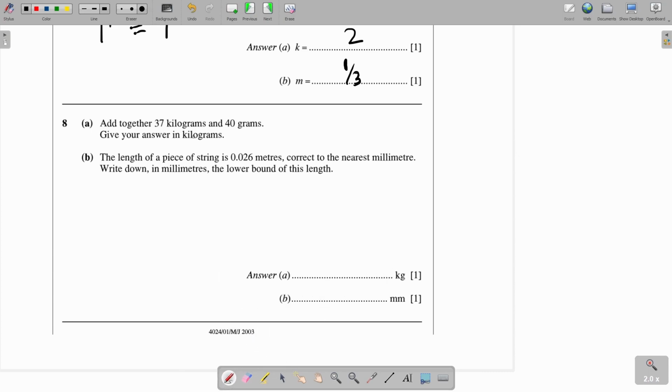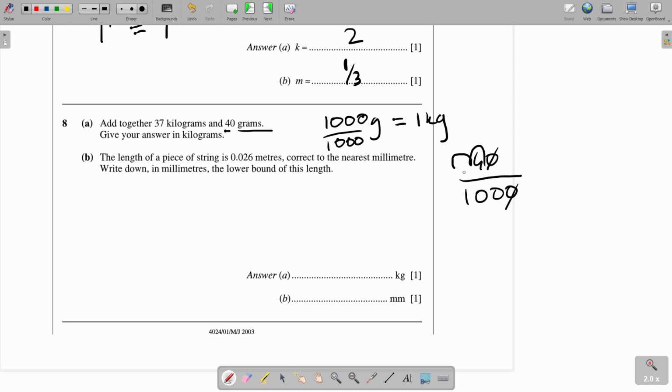So add 37 kilograms and 40 grams. Give your answer in kilograms. So 1,000 grams is equal to 1 kilogram, right? So if we need to convert any amount of grams into kilograms, all we need to do is divide that value by 1,000. So if we divide 1,000 grams by 1,000, we get 1 kilogram. So if we divide 40 grams by 1,000, we can get rid of the zeros, and then 1, 2, right?